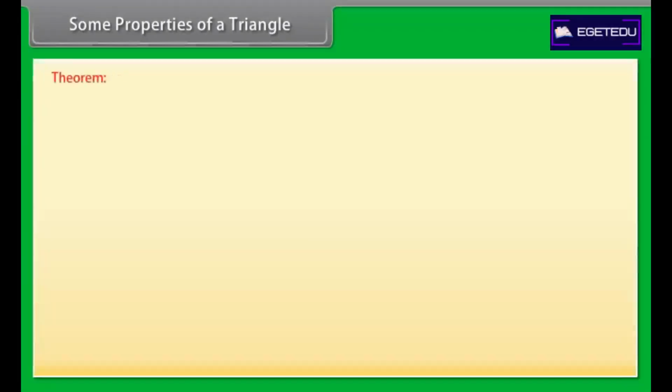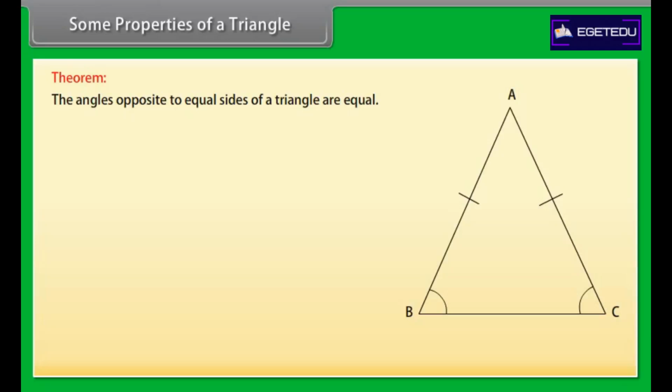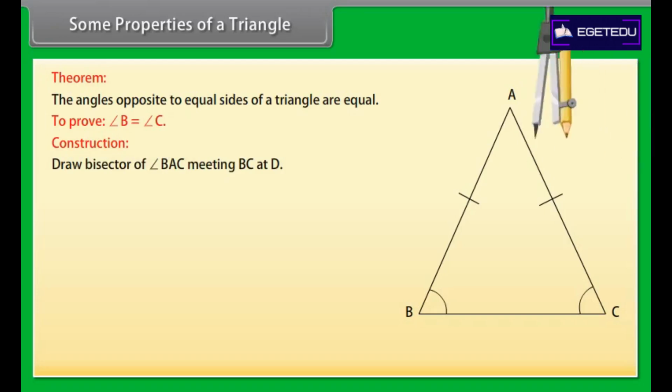Some properties of a triangle. Theorem. The angles opposite to equal sides of a triangle are equal. Let's prove it. Given is a triangle ABC in which AB is equal to AC. We have to prove that angle B is equal to angle C. Construction. Draw bisector of angle BAC meeting BC at D. Proof.